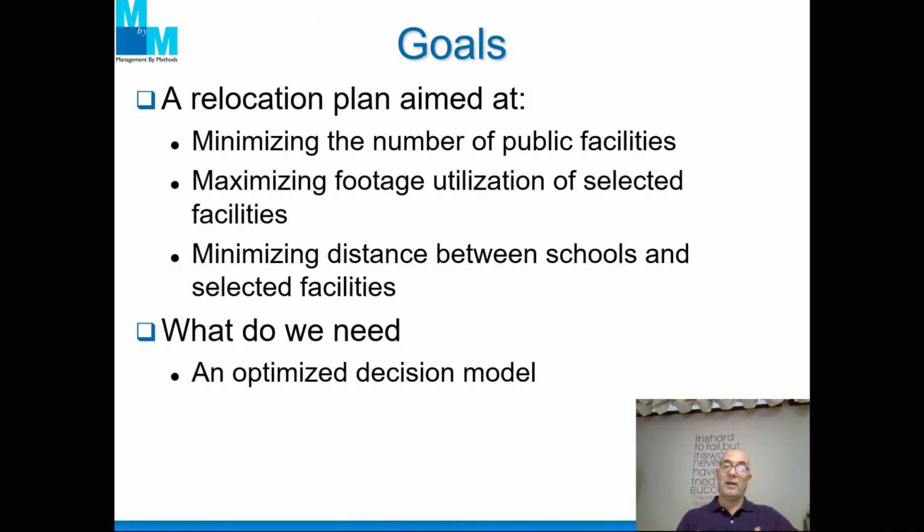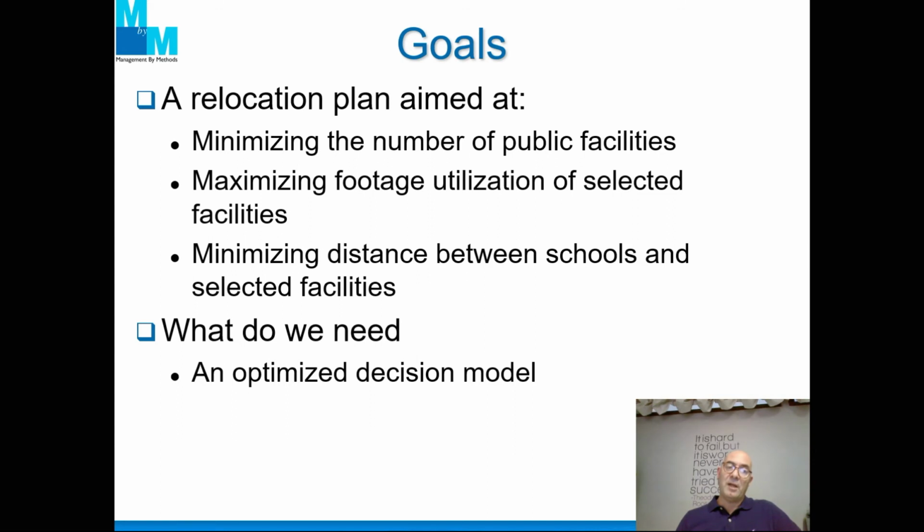So we need to define the goals. What do we want to achieve? Relocation plans aimed at minimizing the number of public facilities. Even though we have 20 facilities, we want to use as few as possible. At the same time, we want to maximize utilization. So we don't want to move students to a museum and only use 30% of the museum's footage.